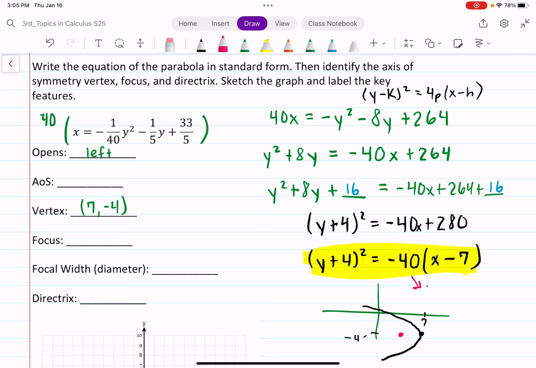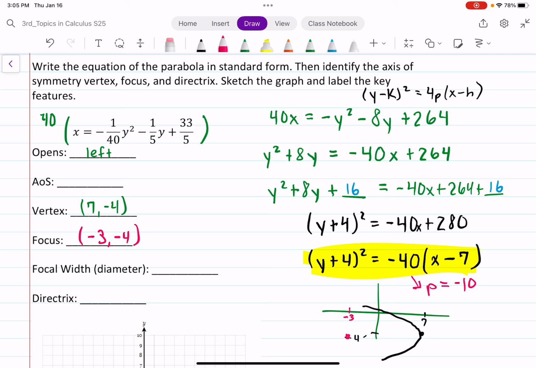Well, my p-value, negative 40 divided by 4 is negative 10. So that means if I go in the left direction by 10 units where I was at 7, then that will end up all the way over here at negative 3, right? Because it was at 7, so that's a total of 10 units to the left. So that means we're at negative 3 comma negative 4.